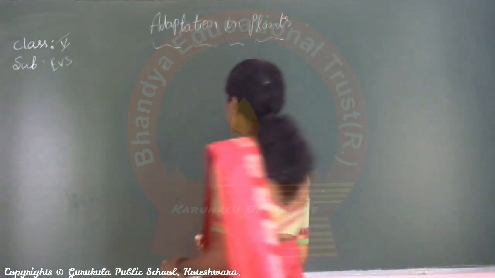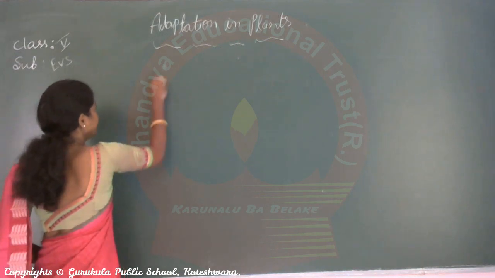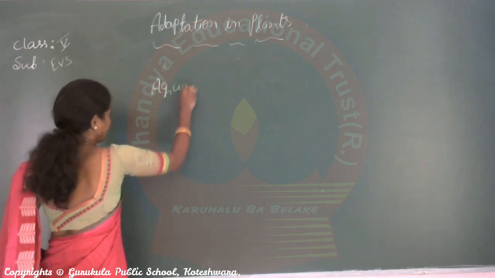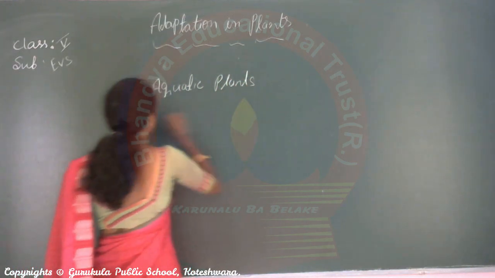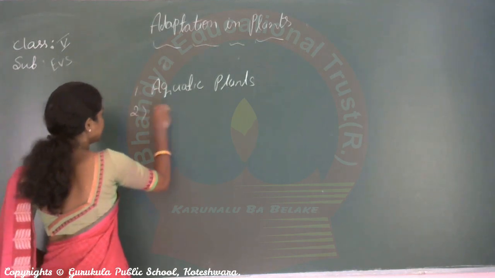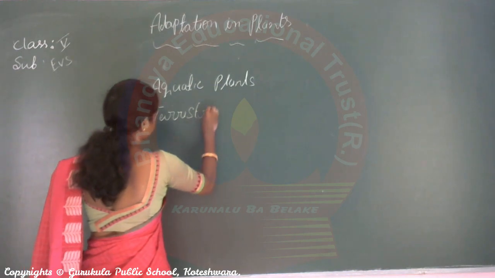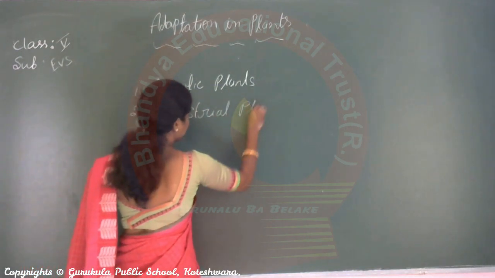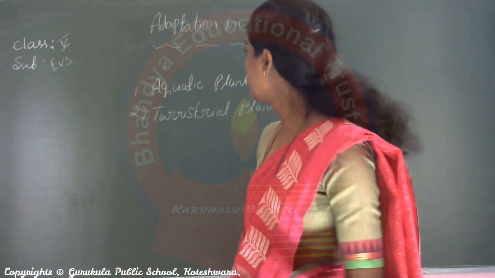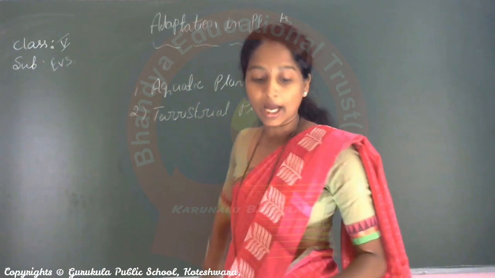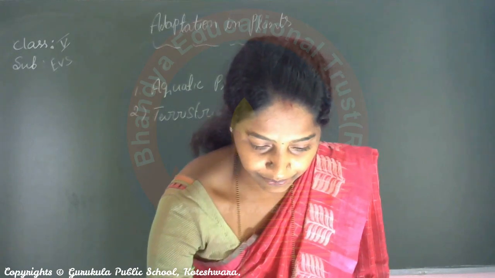One is aquatic plants and the second one is terrestrial plants.